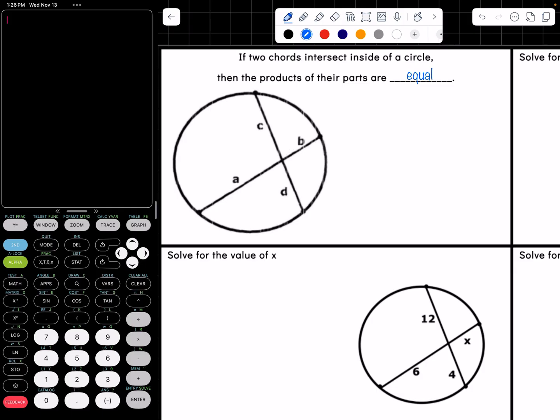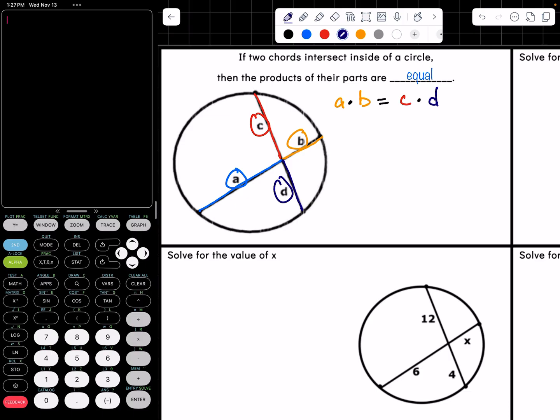Basically what we're saying is if we multiply A times B, A times B, that's going to equal C times D. That's all we're doing.